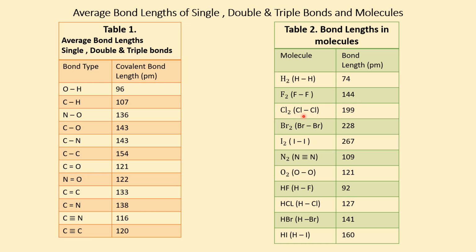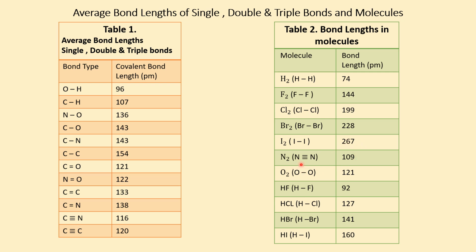For Cl2, that is a single bond between Cl and Cl, it is 199 picometers. For Br2, a single bond between two atoms of Br, the bond length is 228. I2, it is 267.